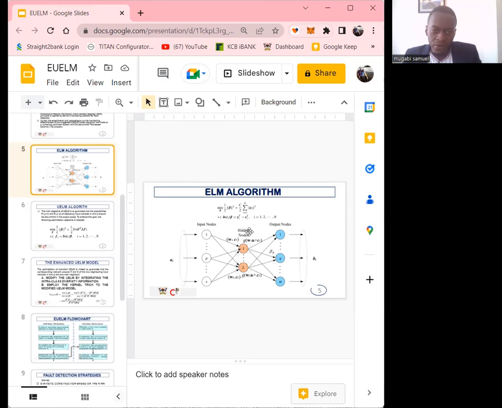This is the hidden layer we were talking about in the introduction. Out of that hidden layer, we have to come out with a weight matrix. And it is this weight matrix that we use to predict the output nodes on new data that will be given. That is the extreme learning machine mainly for you.